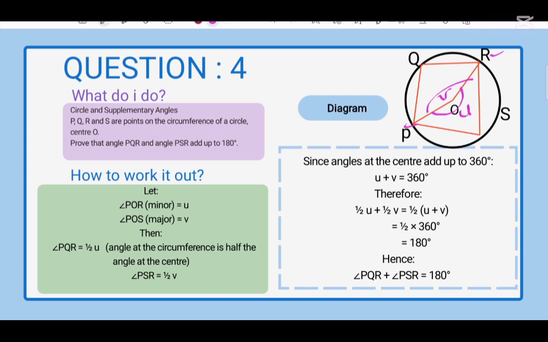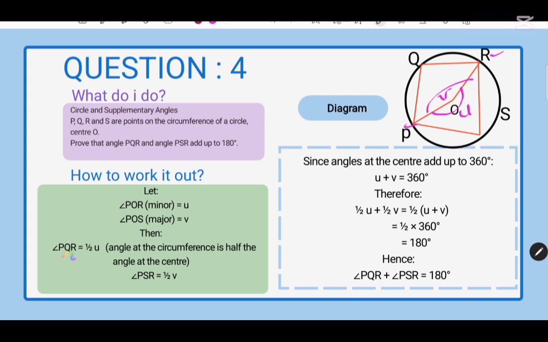That is very clear already, because angles at a point equal 360 degrees. So U plus V equals 360 degrees. We can always establish that. That's why we even use this one here. So when we get there, you see it. Now we have established this.